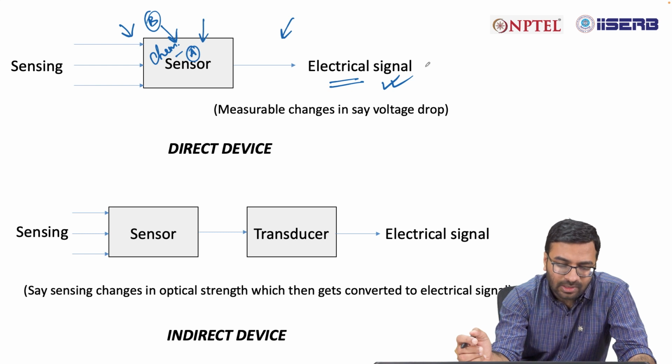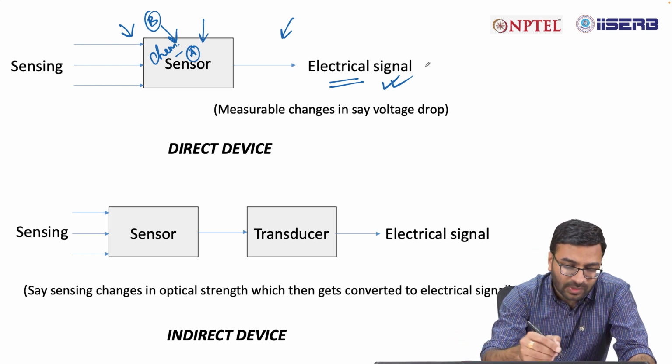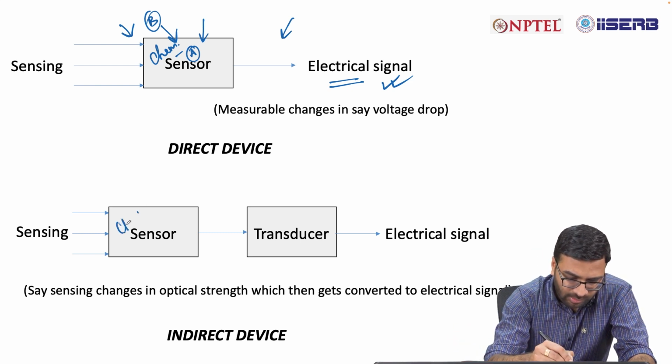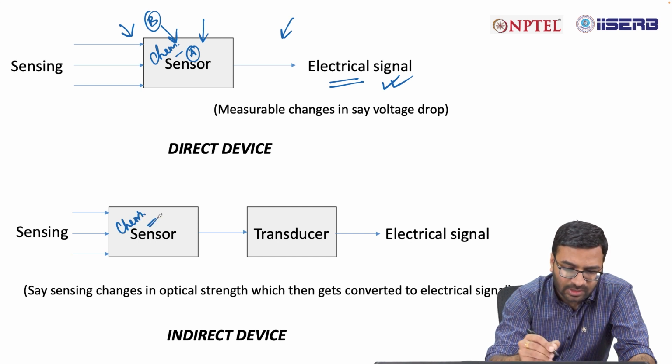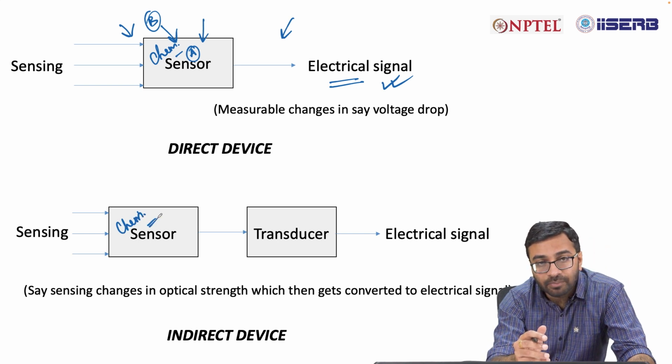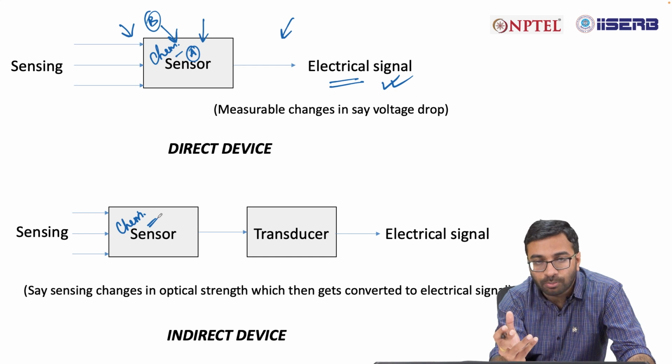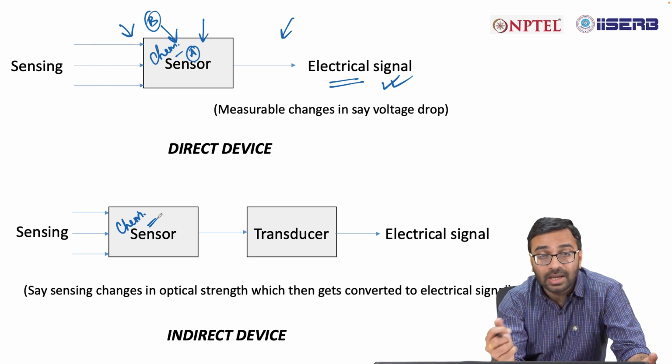On the other hand, if the reaction in the sensor gives you a different sort of output, for example an optical output. We probably have already discussed an indirect sensing concept, but I'm discussing it again because it will help us understand the concept of an indirect device.